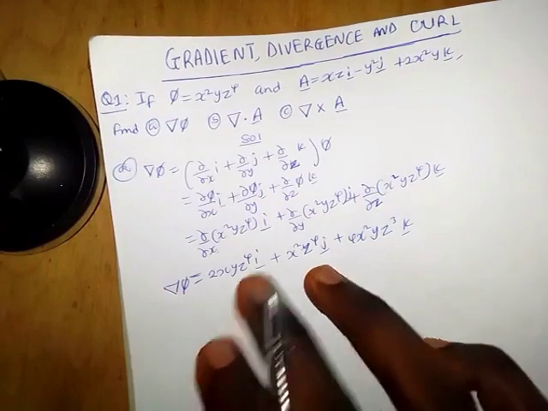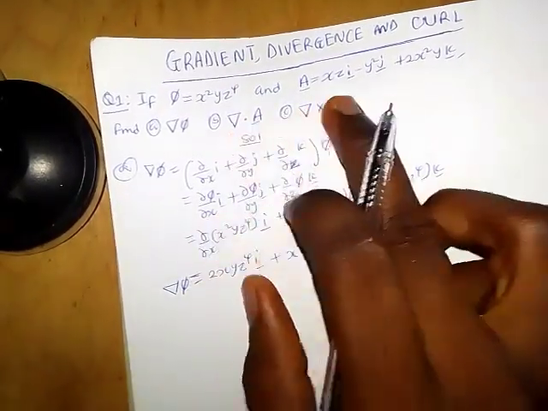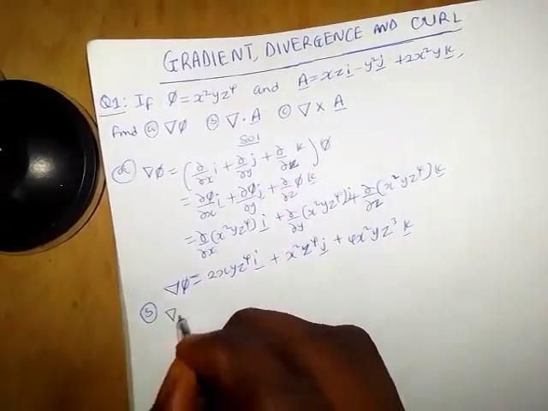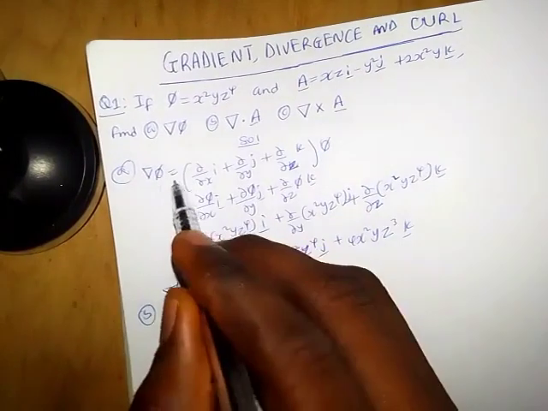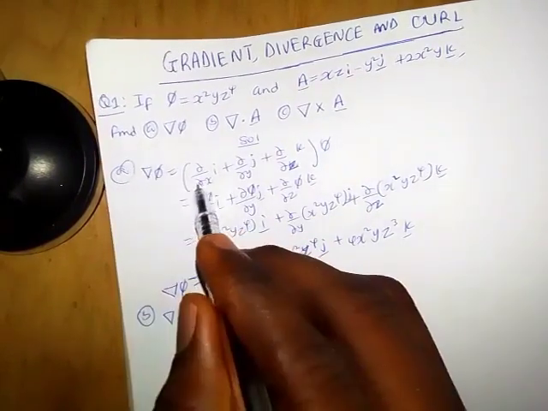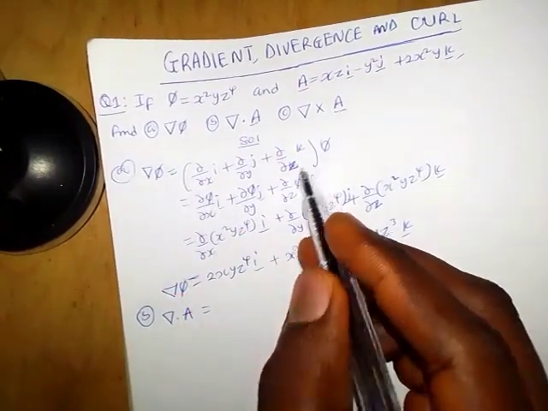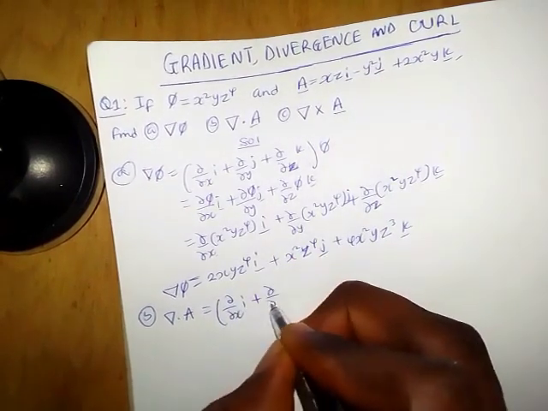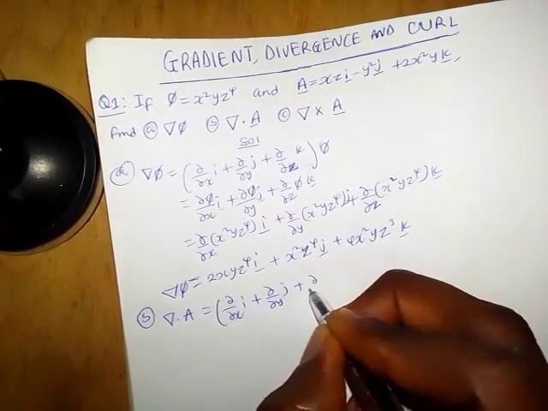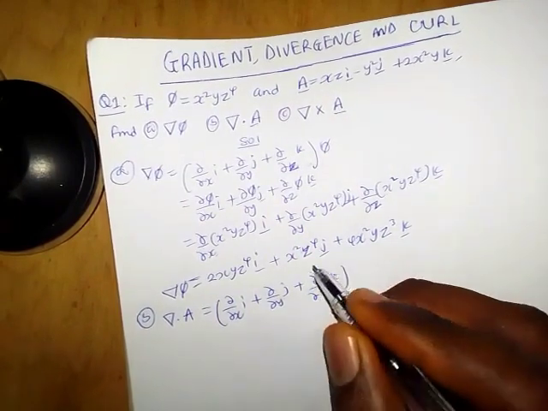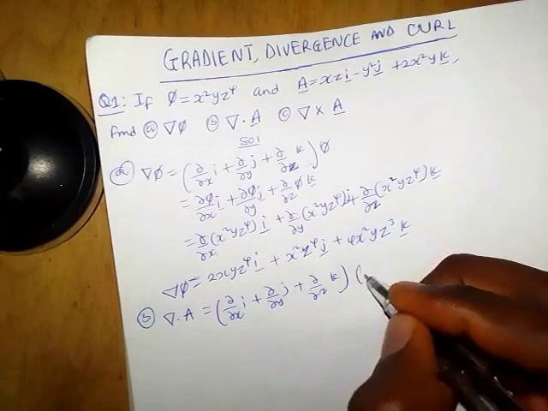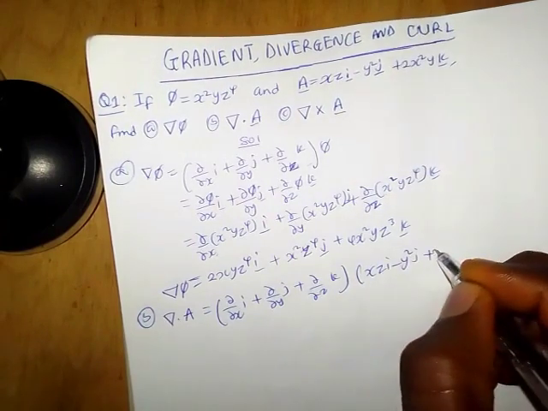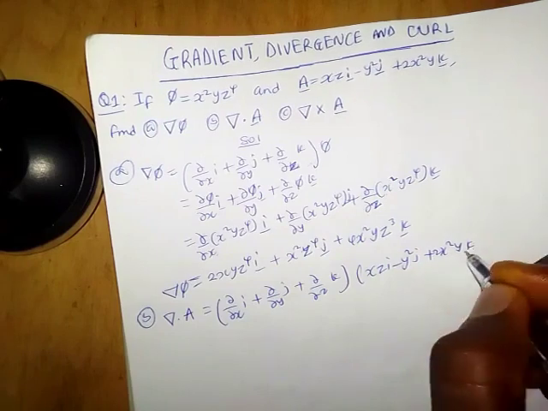Next thing is to obtain our divergence, which is the divergence of our vector function. So in doing so, we have grad dot A. Recall that grad, which is our gradient, is the same thing as this expression. So we write it here. We have partial x i plus partial y j plus partial z k, dotted with our vector function, which is xz i minus y squared j plus 2x squared y k.